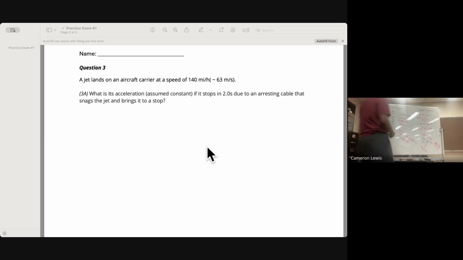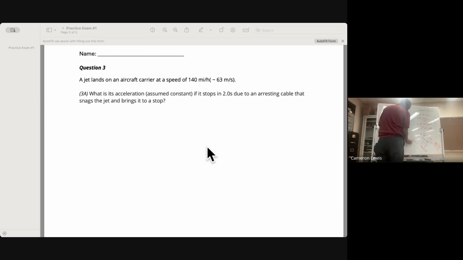Which is 0. Okay, their initial position, let's just say x is 0. What's its final position? So the unknown is the final position, and this is the initial position. Let's think about it.